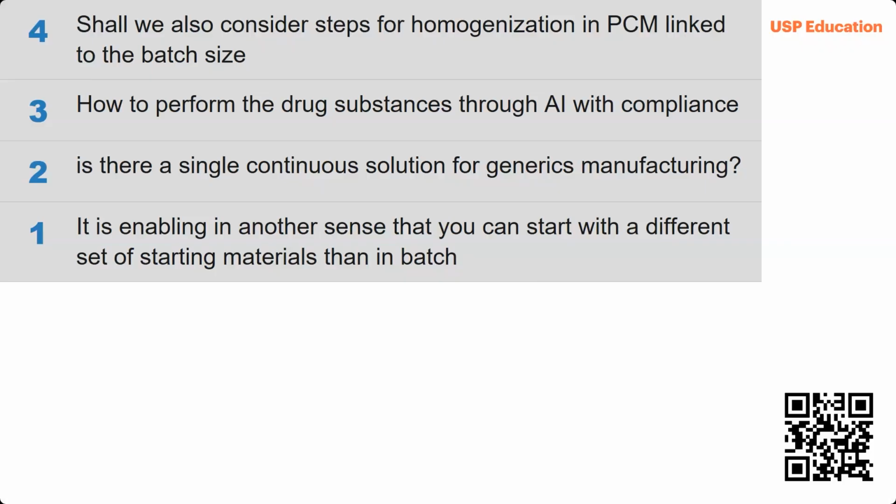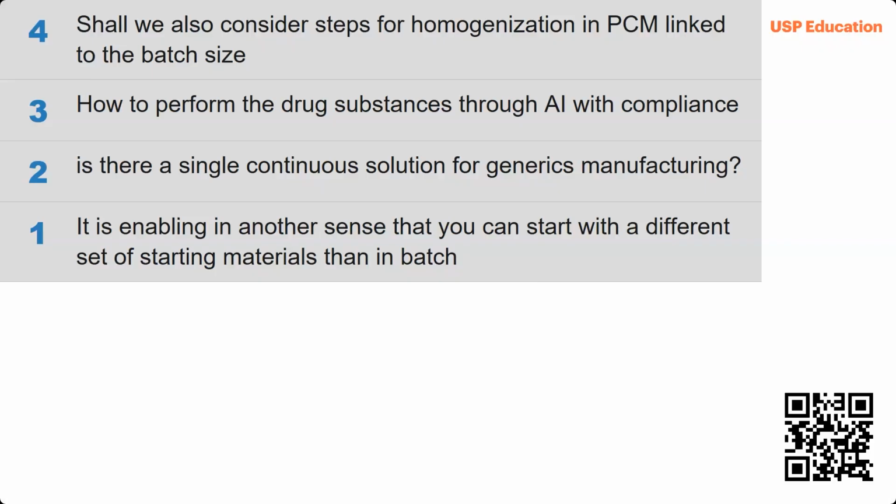I'm not sure as well. The batch size definition is independent from what steps you use. I think homogenization is mostly a part of drug product manufacturing, so I'm not sure what that means. But anyway, let's go to the next.